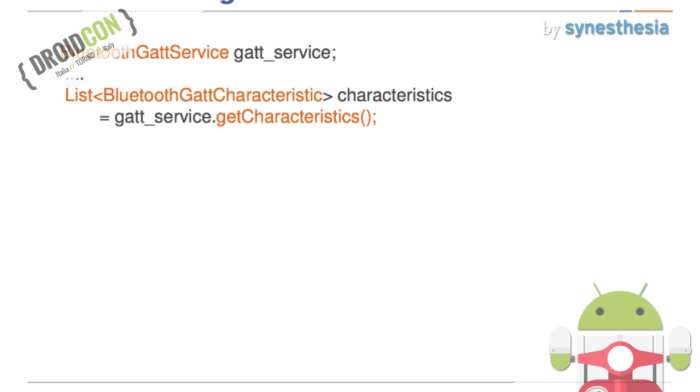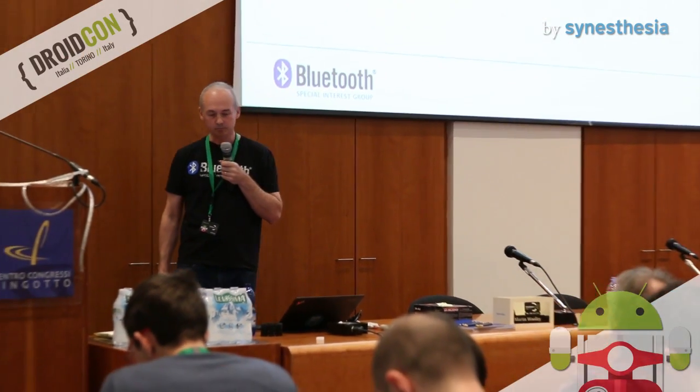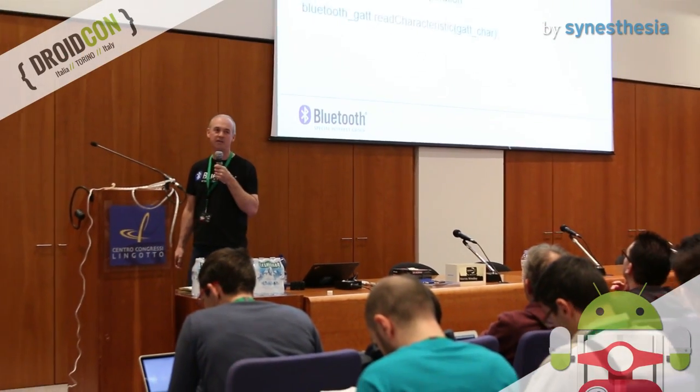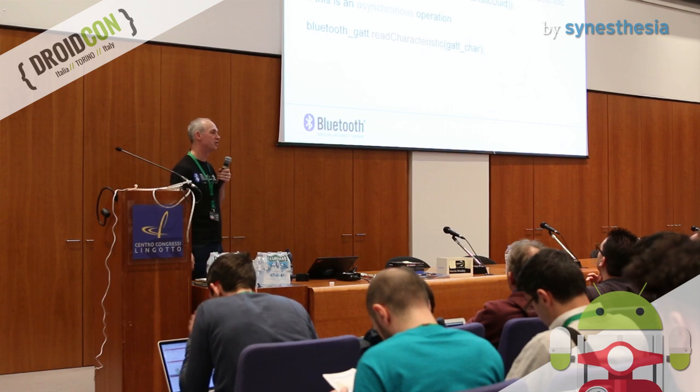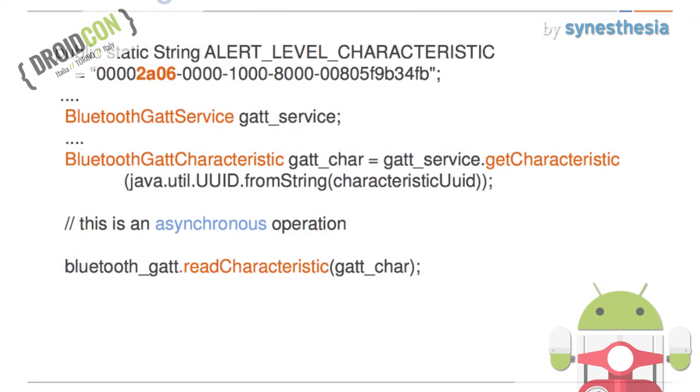I can also go, once I've got a particular characteristic, I can read its value. And I do this by calling the read characteristic method on my Bluetooth GATT controller. This is asynchronous once again, so I'm going to get a callback. And the callback is to this method on characteristic read, and it includes a reference to my characteristic.